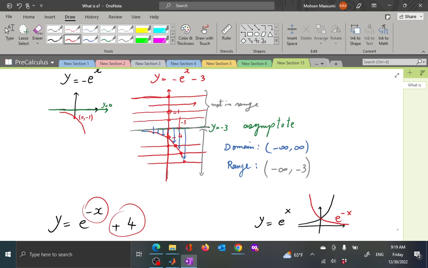The points on this graph are kind of hard to get, but the y-intercept is easy, because the point 0, 1 is easy to look at. So if you take that and drag that up 4 units, we come up by 4, so by now we are at 5. So your graph now is going to look like this.